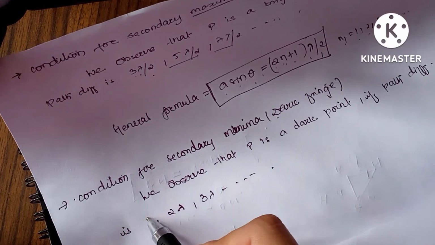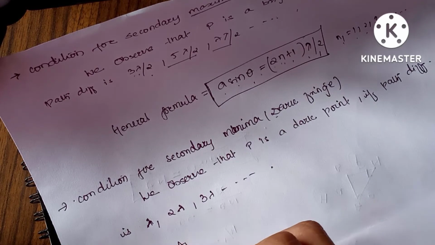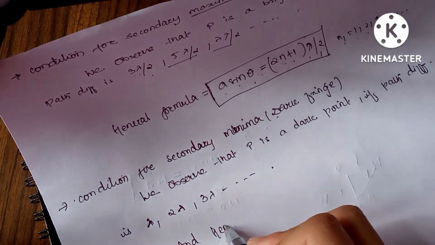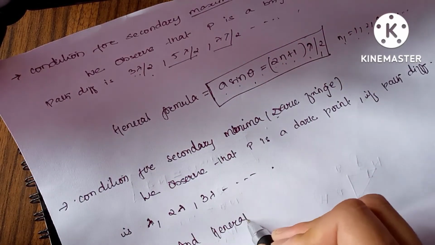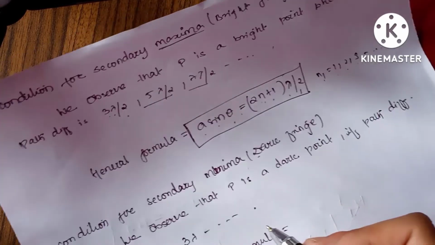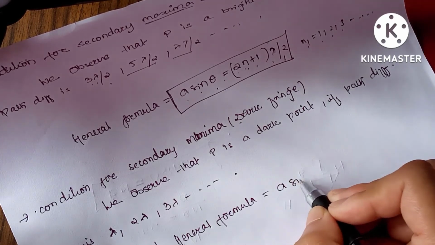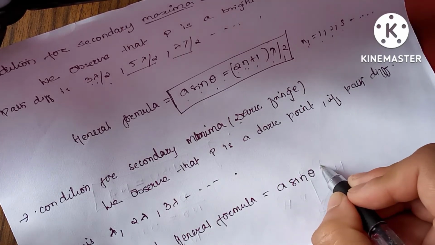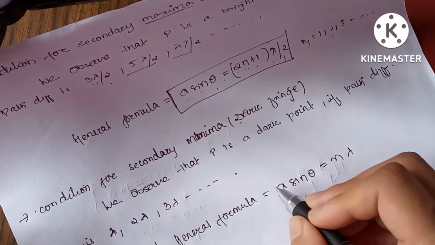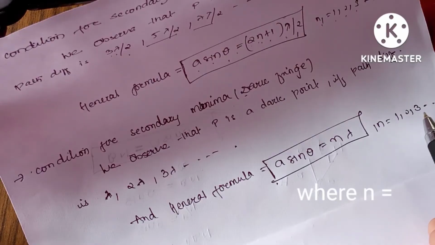The general formula for all the dark fringes is given by a sine theta equals n lambda, where n is 1, 2, 3, and so on.